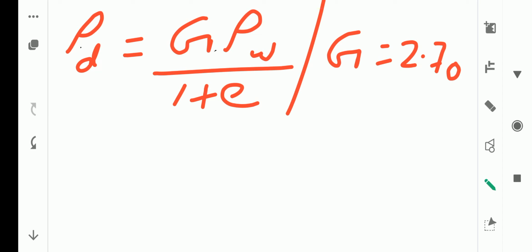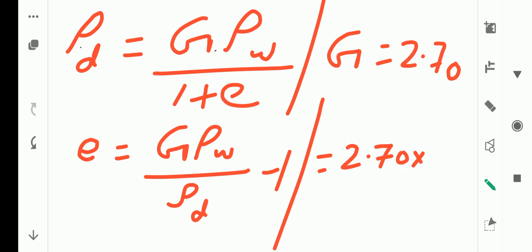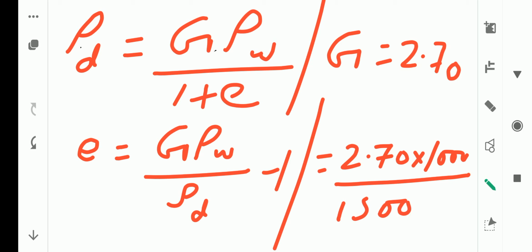So from this equation, can we write it like this? E is equal to G rho W upon rho D minus 1. Very easily we can write it. So G is 2.70 into rho W is 1000, divided by rho D, which we have obtained as 1500 kg per meter cube. Here also 1000 kg per meter cube. What is the unit of G?